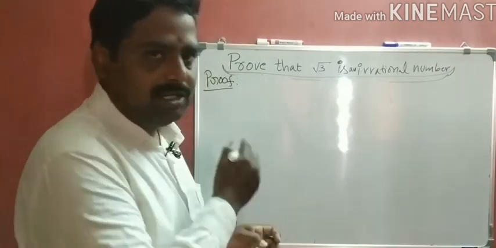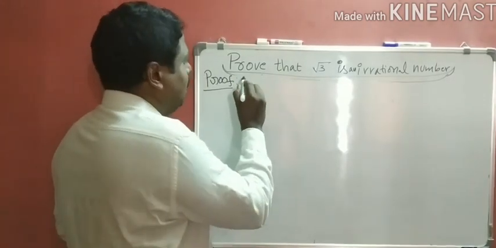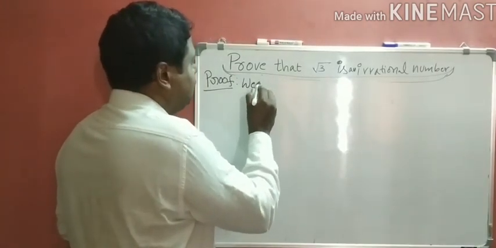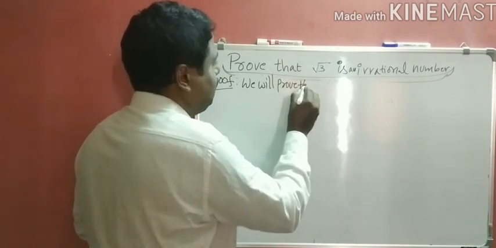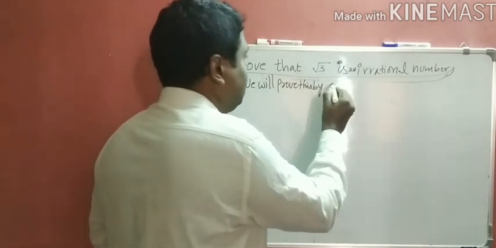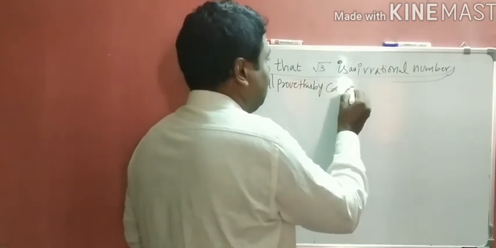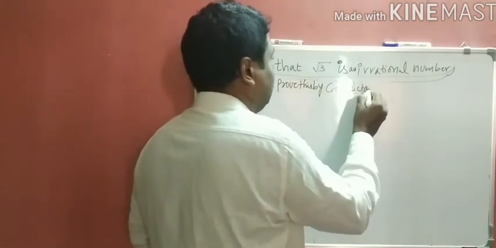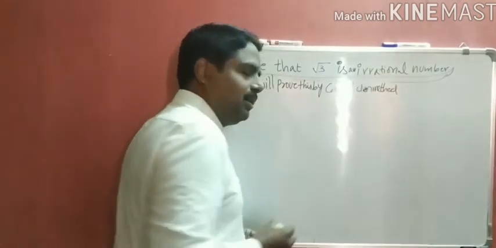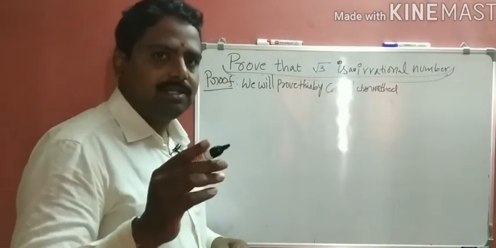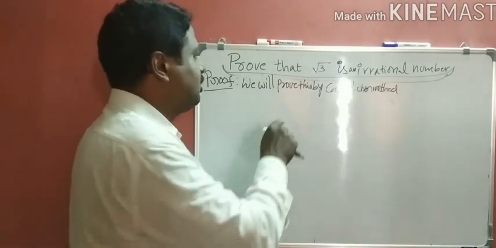But once again, you listen for root 3. We will prove this by which method? By contradiction method. Contradiction method in itself is going the opposite way. What is the opposite way?